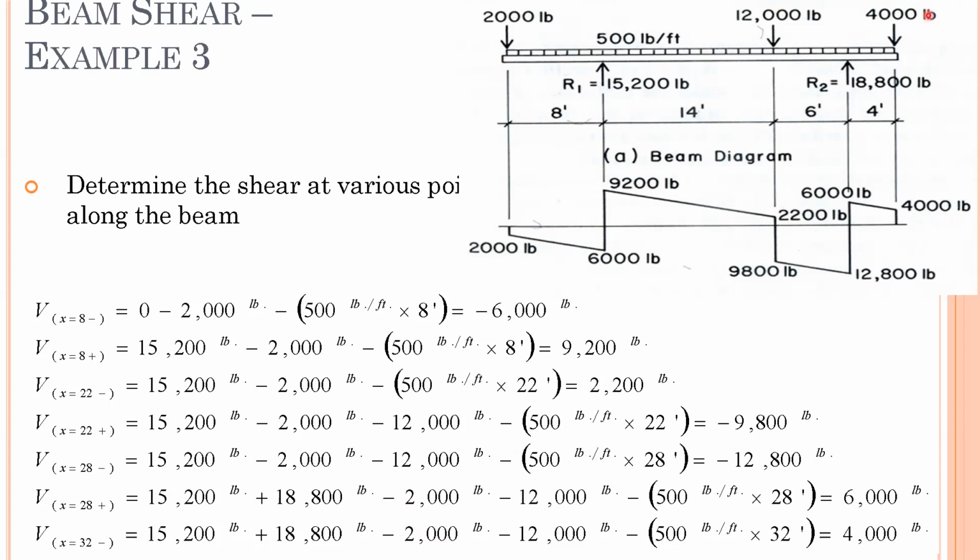Because you want to see what happens at that point. You don't put the 4,000 in it, you're working down to it. So you get the higher values here, minus that value coming down, and you span everything coming down to this point here, to 32. So this one is down to 32, and you put the 12 in it, and you get 4,000 positive.